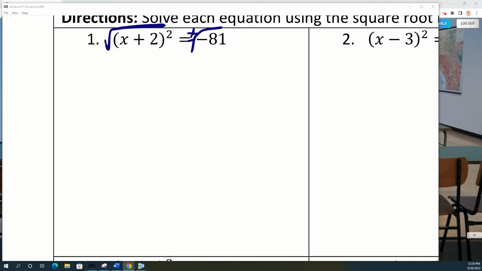And then just like yesterday, on the side with the number, we're going to do the positive and negative square root. On the left side, the square root is just going to get rid of the square, and you're going to be left with what's underneath, which is just x plus 2.